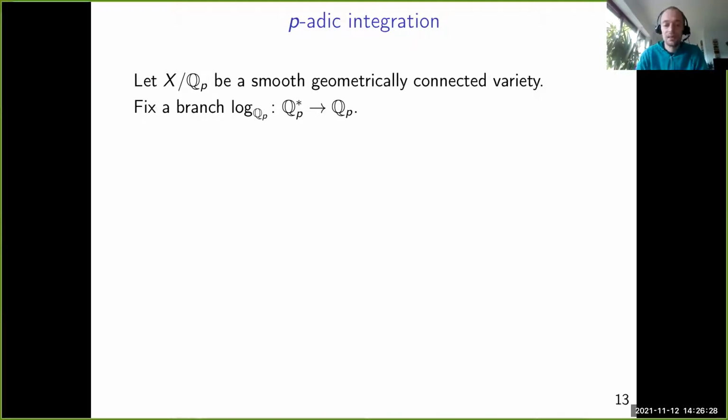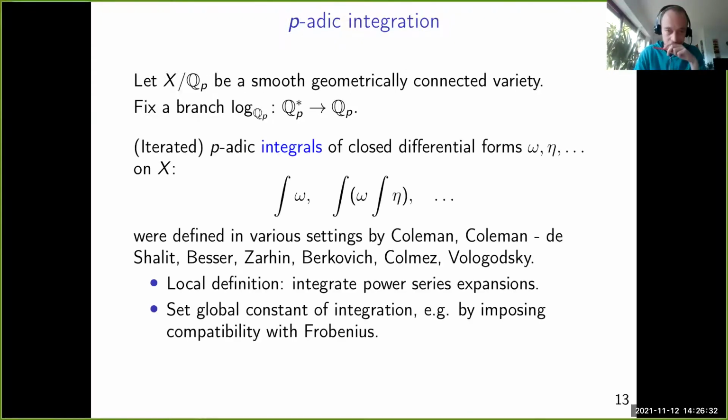But you can choose any branch you want. There's a notion of P-adic integrals. Well, there are many notions of P-adic integrals in various degrees of generality, using various different types of machinery, which I don't want to go into in detail here, but the idea is that if you have a closed differential form on X, then you should be able to integrate that somehow.